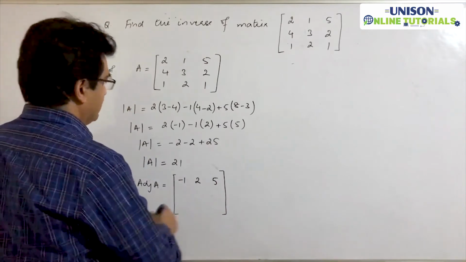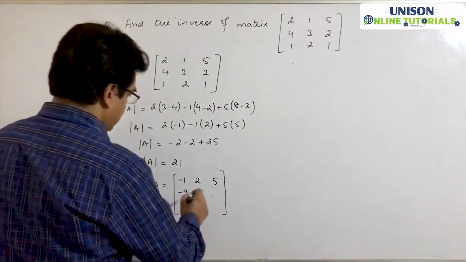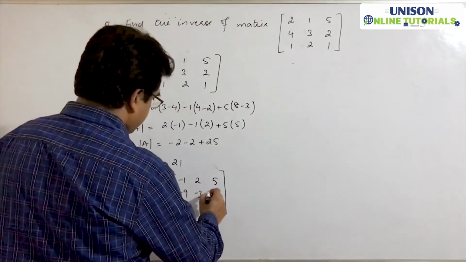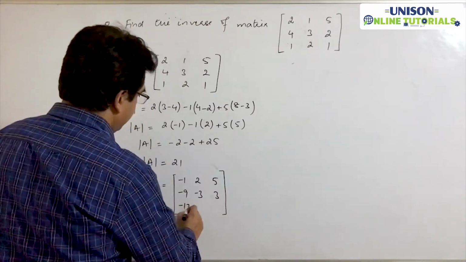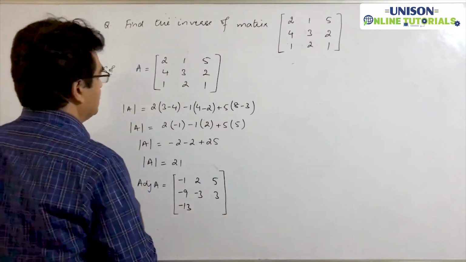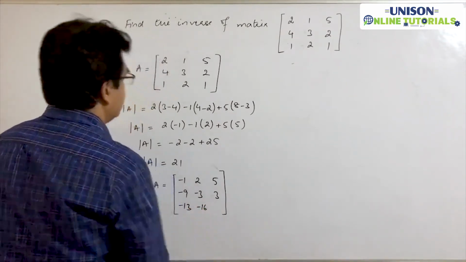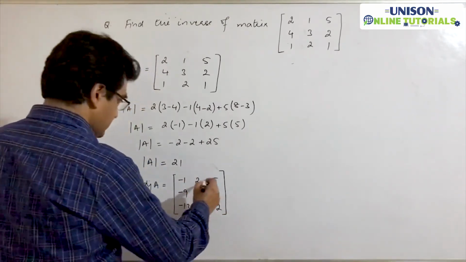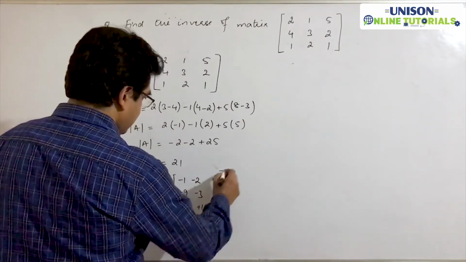Minor of 4, minus 9. Minor of 3, minus 3. Minor of 2, it is 3. Minor of 1, it is minus 13. Minor of 2, minus 20 and minor of 4, minus 16. And the minor of 1, it is 2. These are the minors. Cofactors में हम इन positions का sign change कर देंगे.